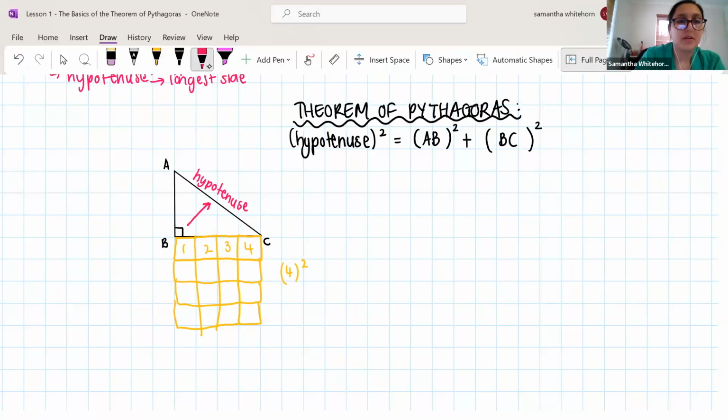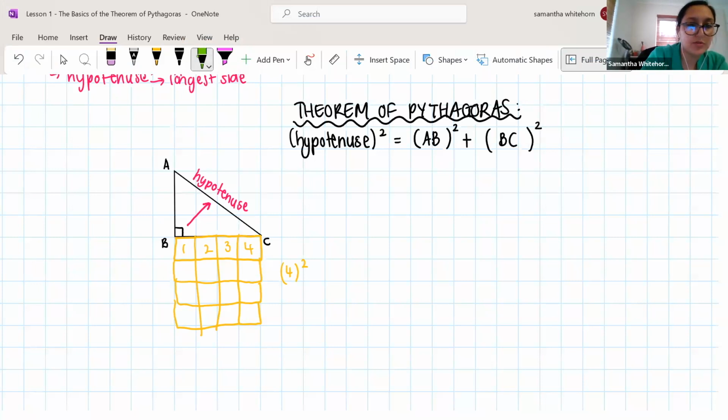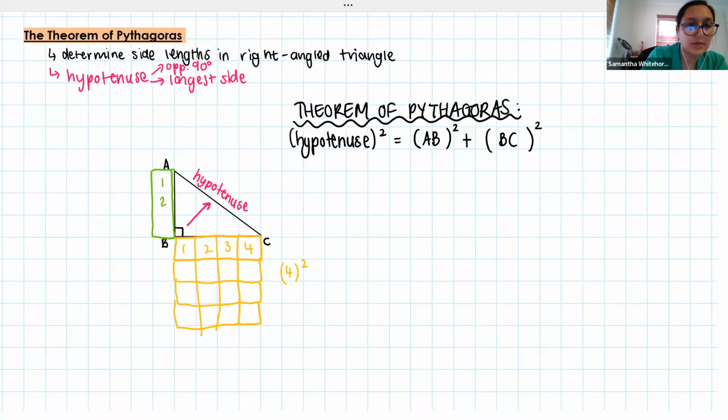Right, if we have a look at my side length AB, AB is 3 units long, 1, 2, 3. If I squared 3, I'm going to get 9. So there are my 9 blocks representing AB squared. If I now took the two squares, the 9 and the 16, I will get our hypotenuse squared.